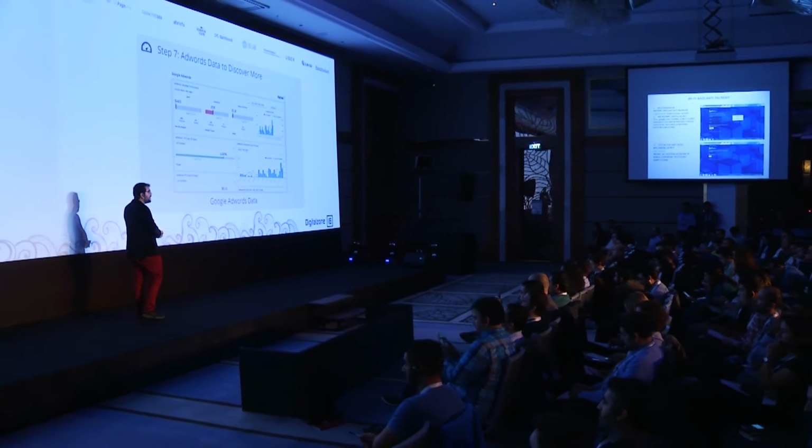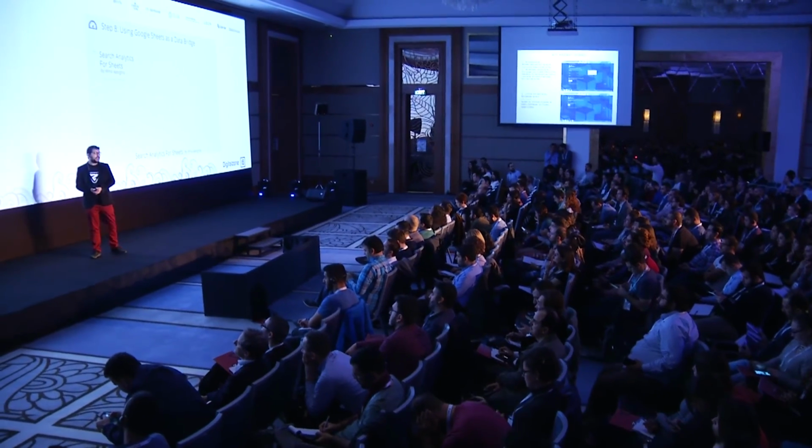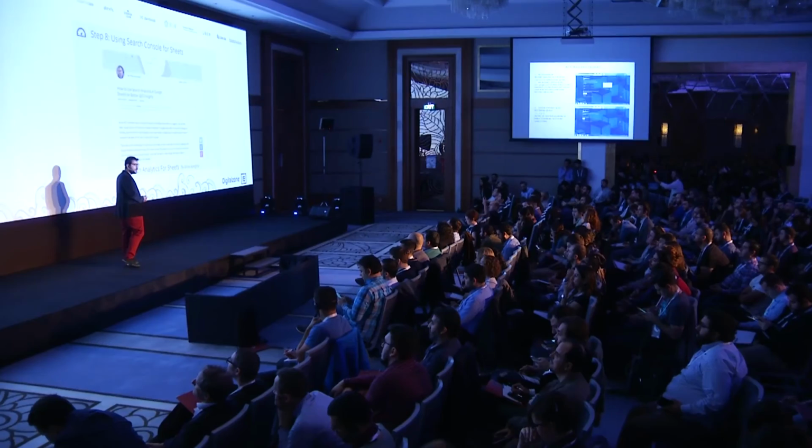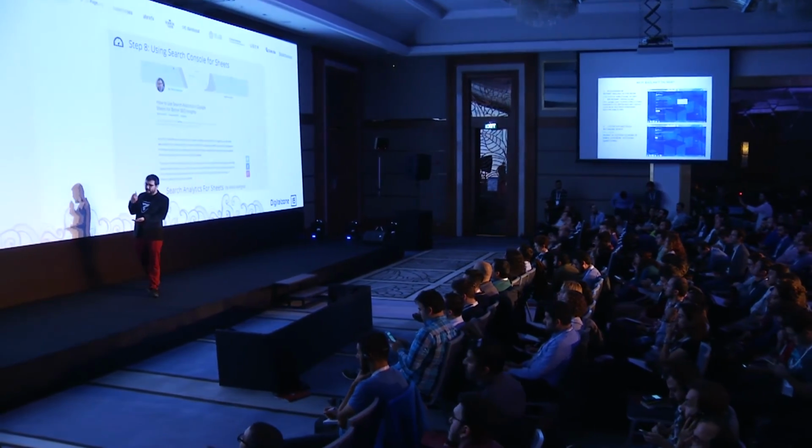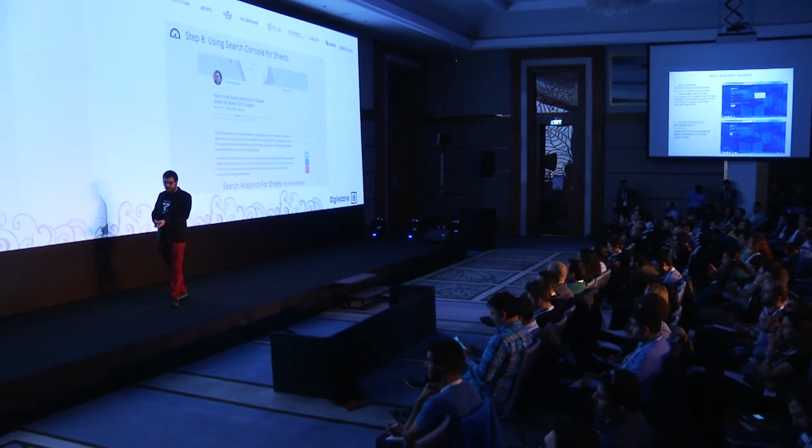I skipped this data for many years, but after seeing the real benefits of PPC data, I really stuck with it. And then the eighth step, I will talk about Search Analytics for Sheets. Like I said, Mihai is here. He just published a great article on Moz, and in this blog, he also launched the new keyword research tool.